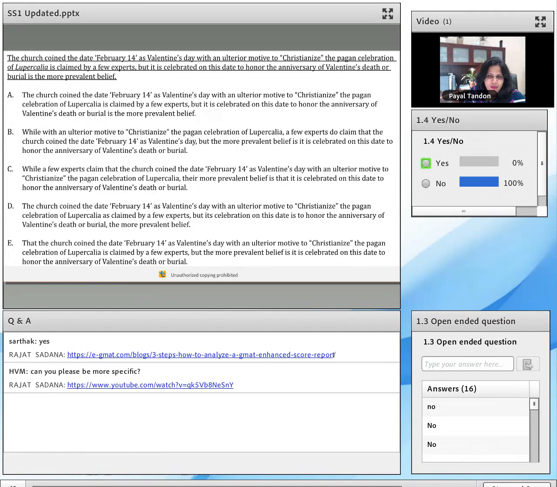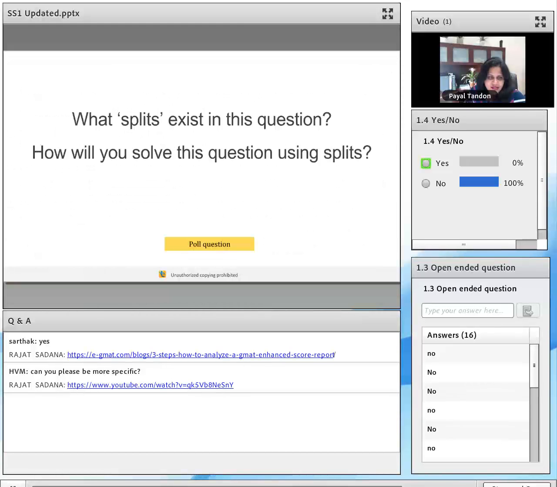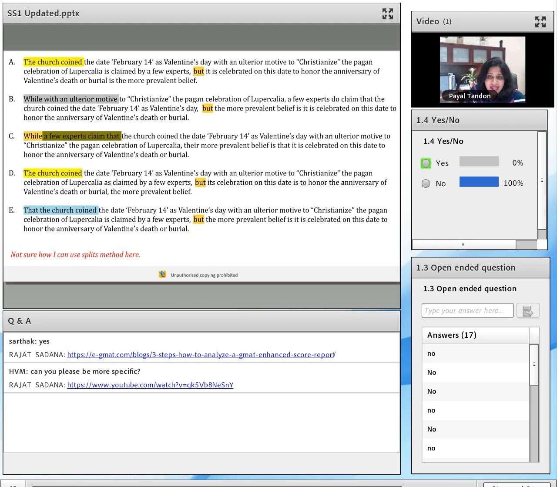When I say splits method, what I mean is finding similarities and dissimilarities in the answer choices. Okay, it is very difficult, because when questions get difficult, it's very hard to identify what is similar and what is dissimilar, because you have to scan through all 5 choices one by one. And again, it's not very easy.